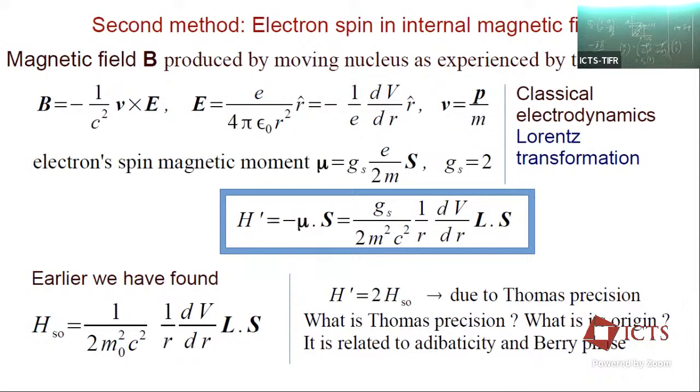Right? Then that magnetic field, from relativistic consideration, is derived from the Lorentz transformation. This B is related to the velocity.